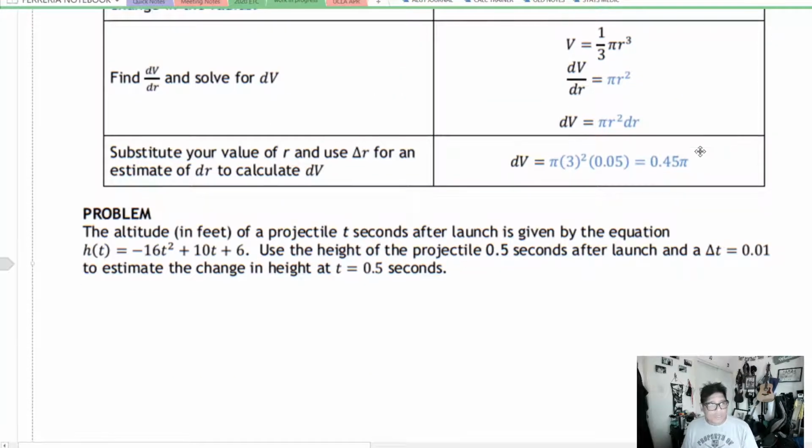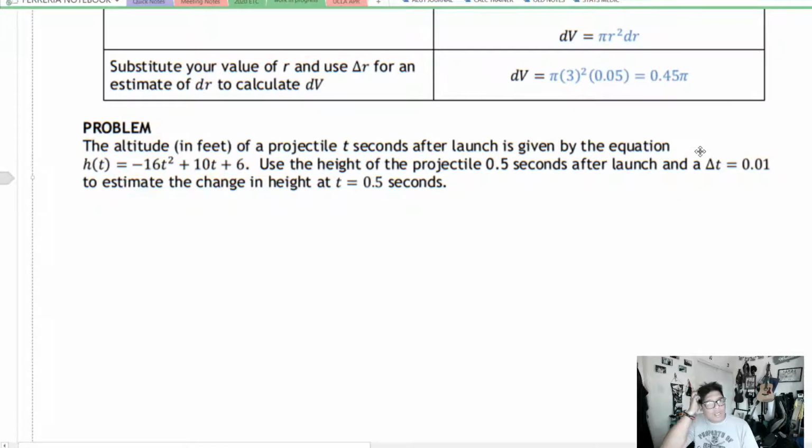So here's another of the same kind of a thing. We've got the altitude in feet of a projectile t seconds after the launch is given by h equals negative 16t squared plus 10t plus 6. This is that uniform acceleration formula. I think that's what we're calling it. This is half of the acceleration due to gravity in feet per second squared.